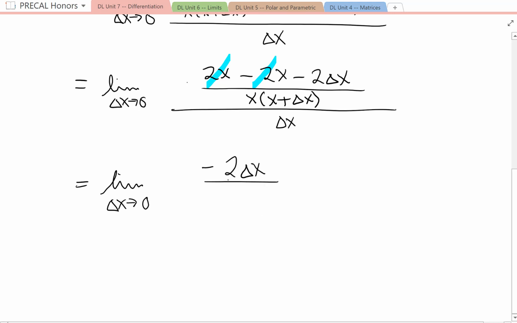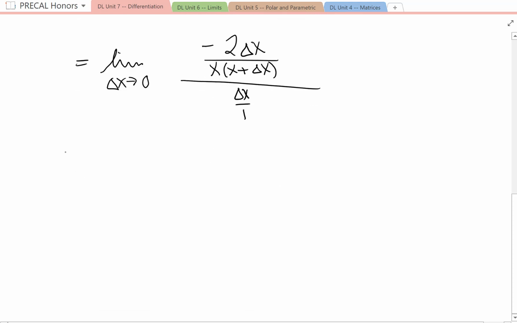We have negative 2 delta x over x times x plus delta x, all being divided by delta x over 1, you could even say. Let's change this division of fractions to multiplying by the reciprocal of the denominator.